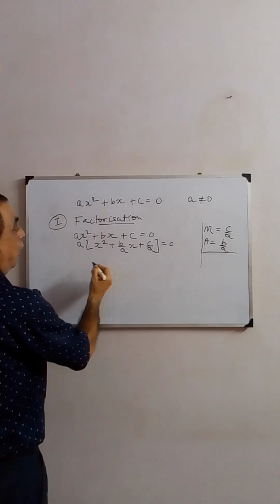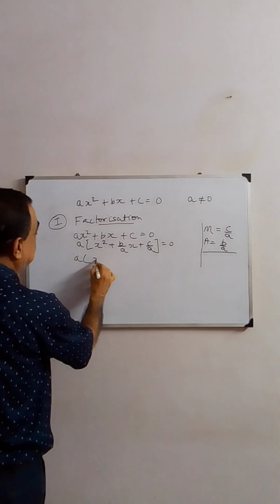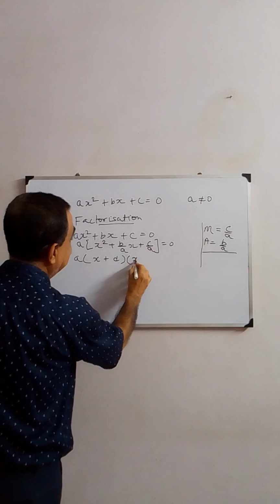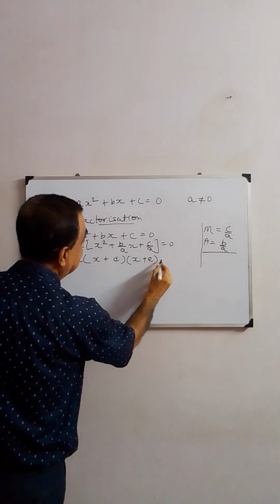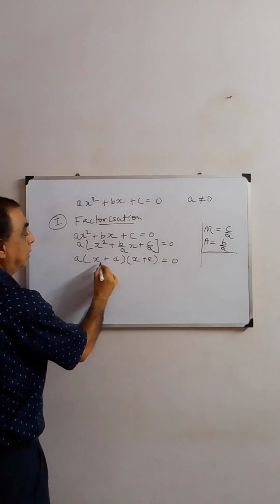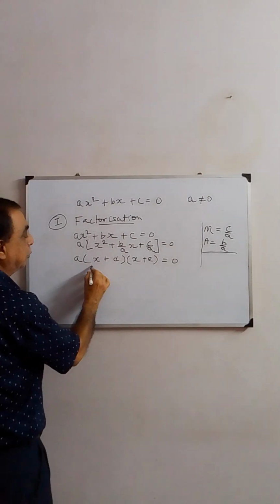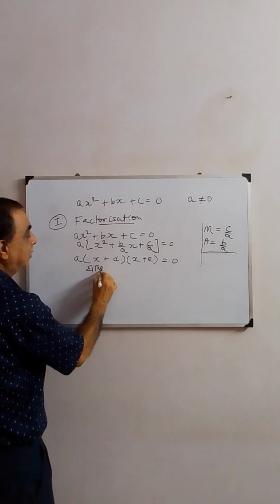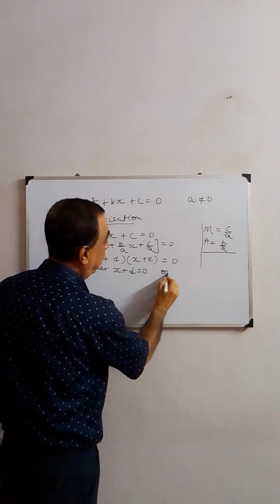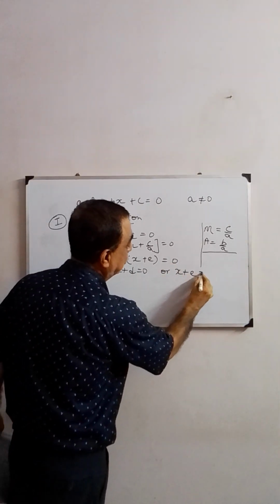Okay, so on factorization we get two factors, like suppose x plus d into x plus e is equals to 0. So the product is equal to 0, so either x plus d is equals to 0 or x plus e is equals to 0.